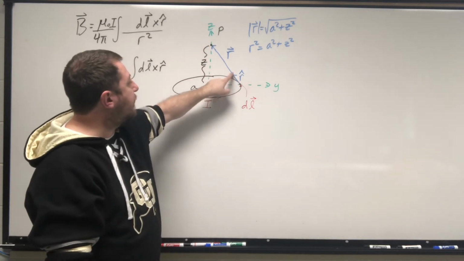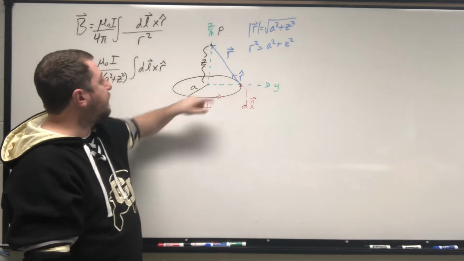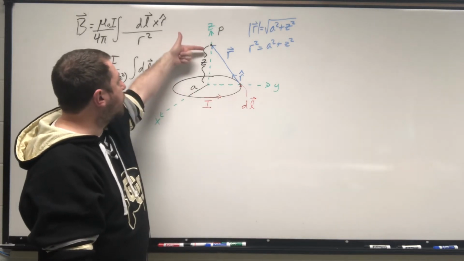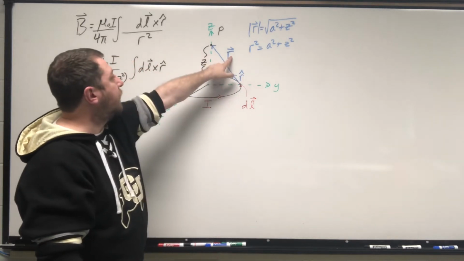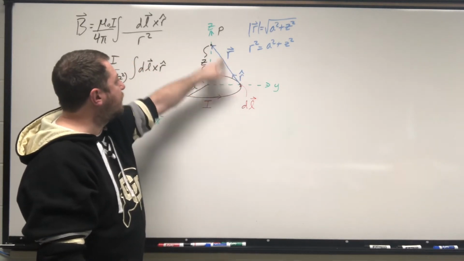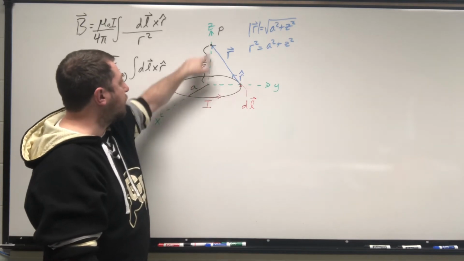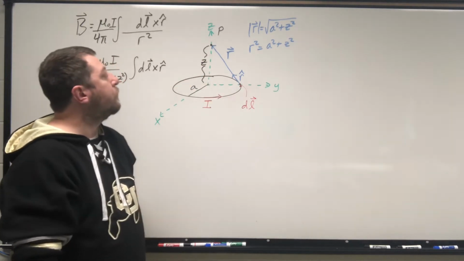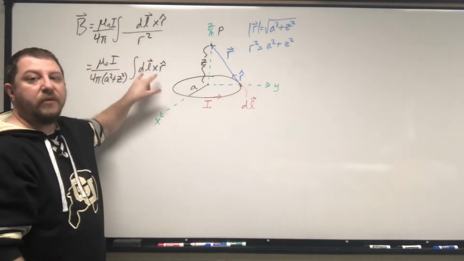Your r hat vector is just going to be the unit vector along that direction. You can use the Pythagorean theorem to find the magnitude of r. The magnitude of r, this length, must be equal to the radius squared plus this leg squared, square rooted. So that's fine. But what do we do with this?